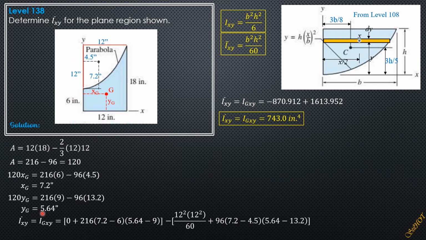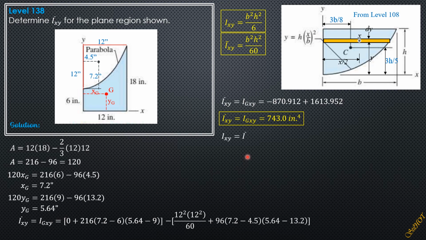Because barred x and barred y have been found, let's just compute ixy for the rectangle, then less ixy of the parabola. Then having found ixy, let's equate it to I barred xy plus area of the entire region, which is already computed, 120, barred x of the entire region 7.2, barred y of the entire region 5.64.